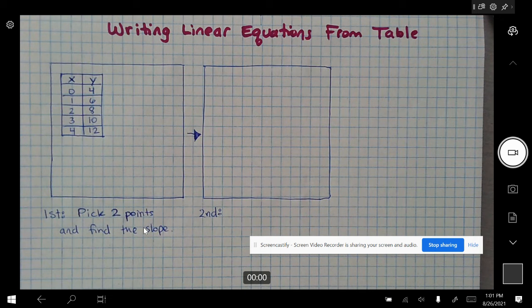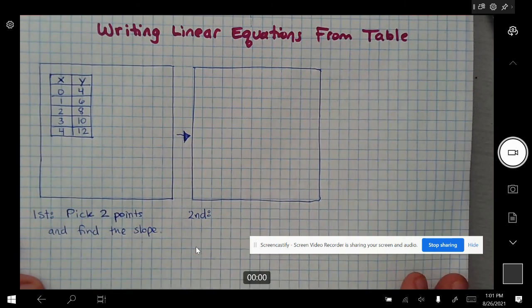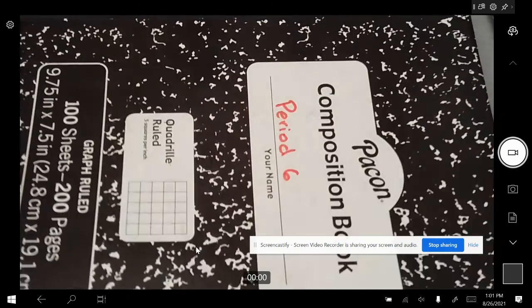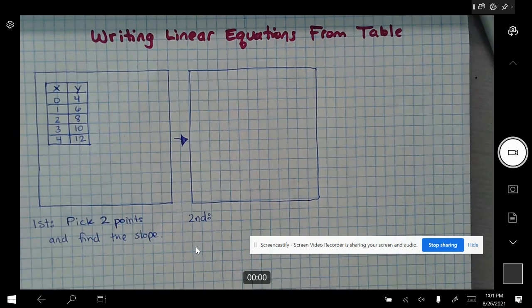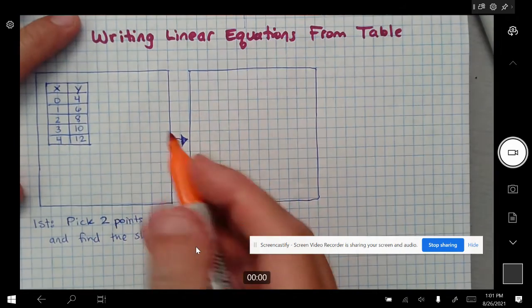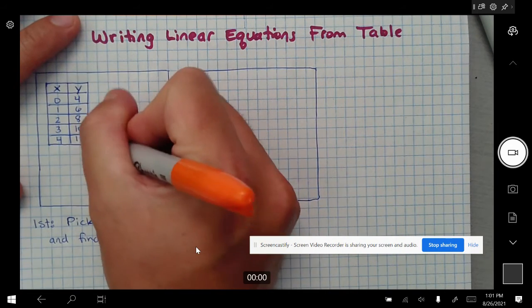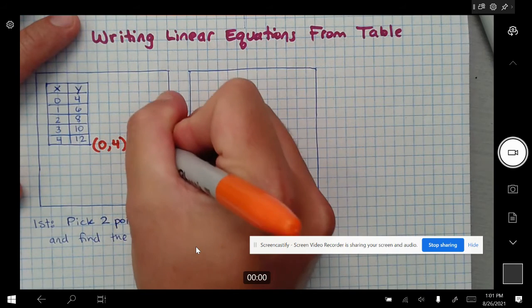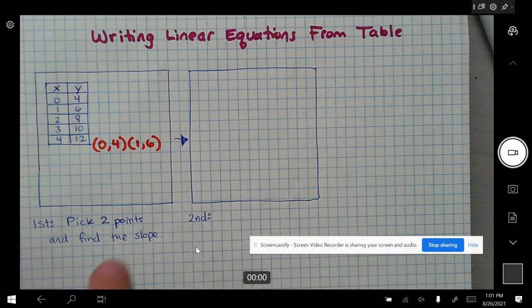Pick 2 points and find the slope. Okay? So let's go and do that. I'm going to use a different color so you can see what I'm doing. I'm going to go ahead and pick 0, 4. And 1, 6.